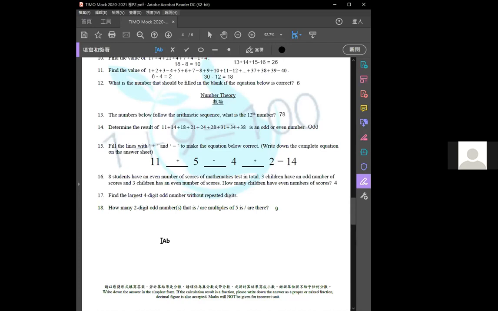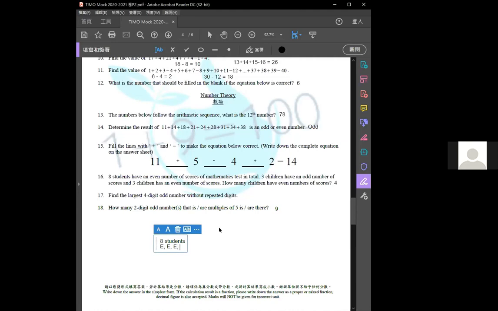So there's a prerequisite. We know that it is given that 3 children have an odd number of scores and 3 children have an even number of scores. Let's assume that we have 8 students here. And then we'll have E, E, E. So it won't affect, right?